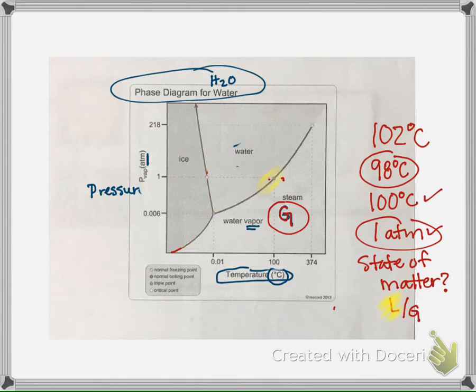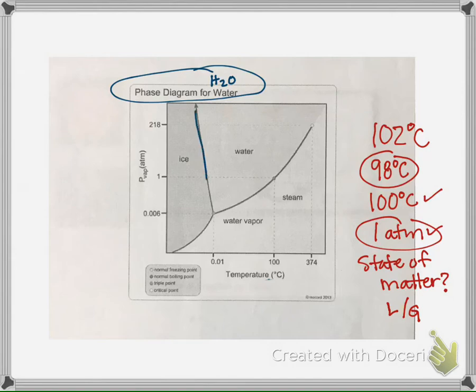So let me clean this up for just a second, all right? Because we got a little bit too much going on. All right, so each curve is signifying a phase change. So right here, this line is going to signify the phase change depending on which direction you're going, whether we're going from here to here, ice to water.